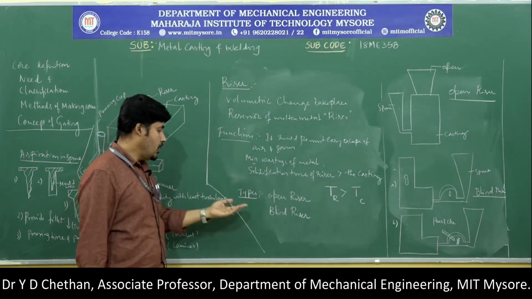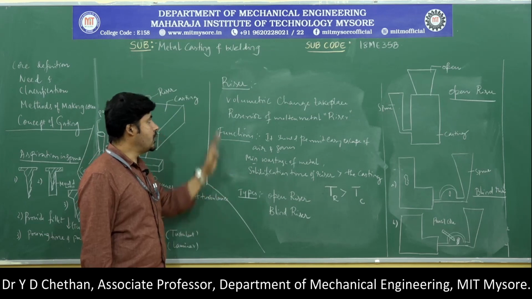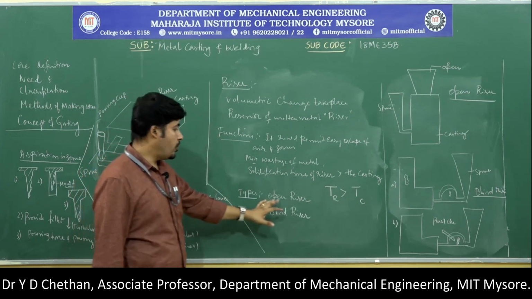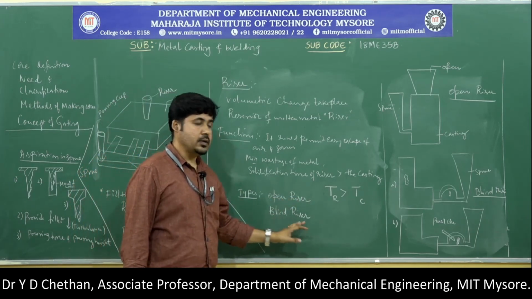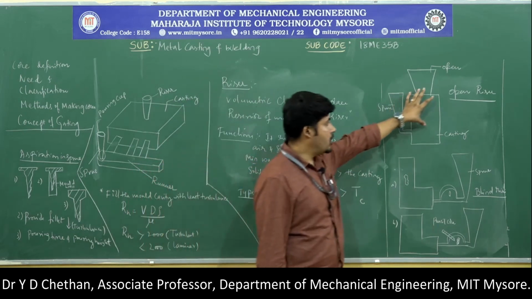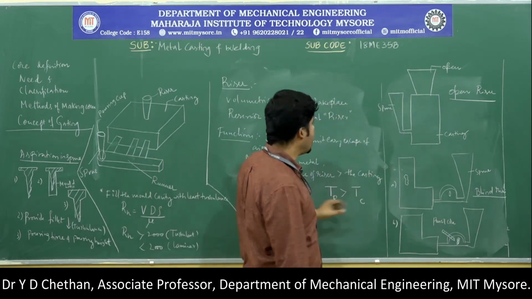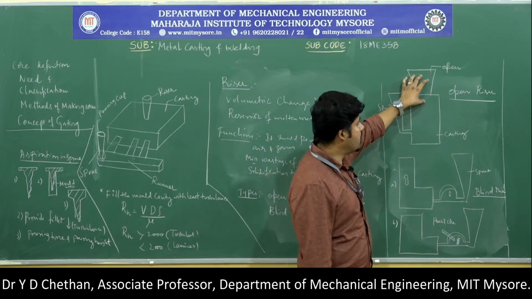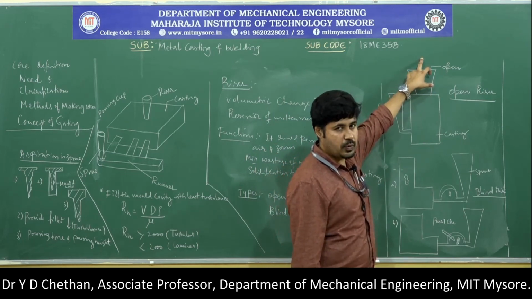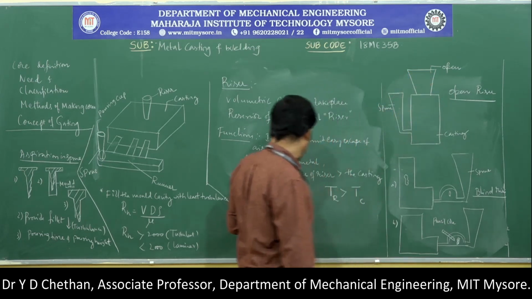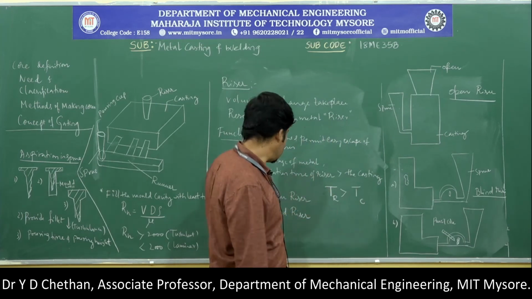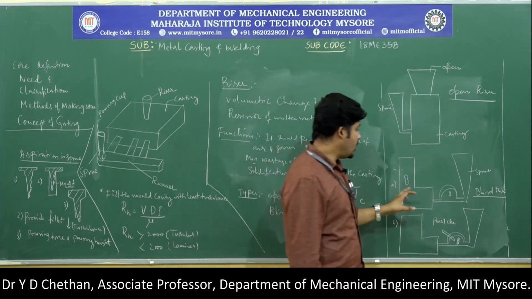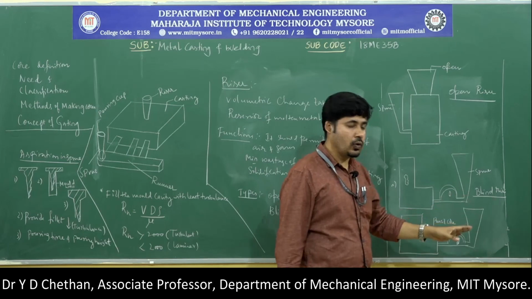Then the next segment is the different types of riser: open risers and blind risers. Here the picture depicts the concept of an open riser. Here the riser comes in contact with the atmosphere, which is why it is called an open riser. Whereas in the blind riser, there is no open contact.